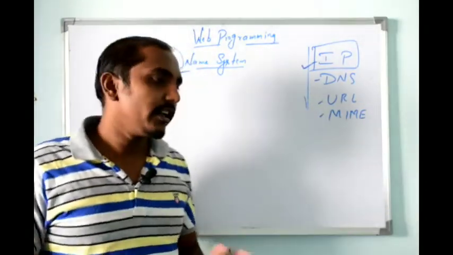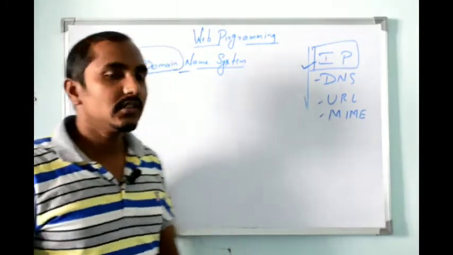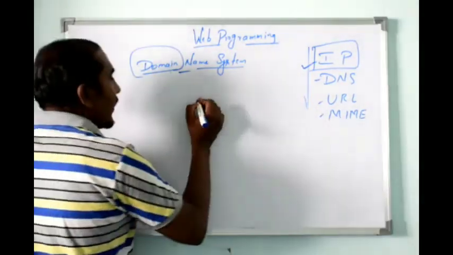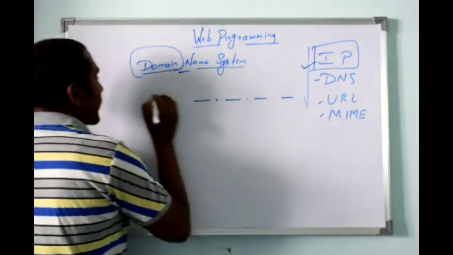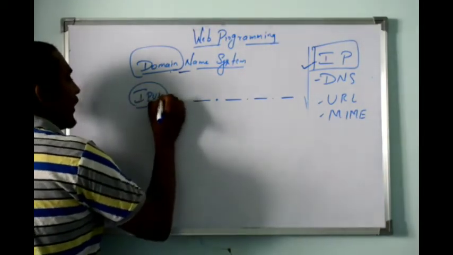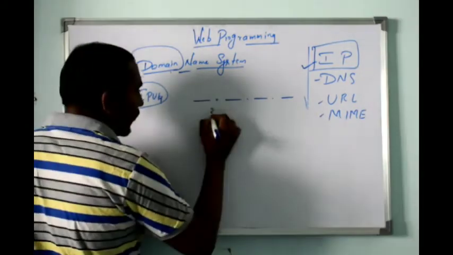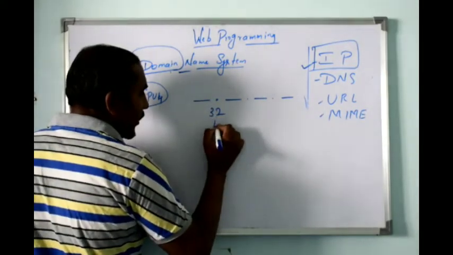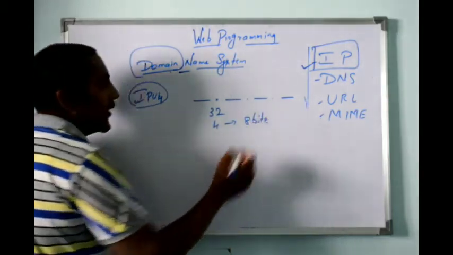All the devices connected to the network are given a name, and that is nothing but your IP address. Now, if I divide it into 4 sections, it is called IPv4, that is Internet Protocol version 4, where it has a total of 32 bits, divided into 4 sections. Each and every section will be of 8 bits.